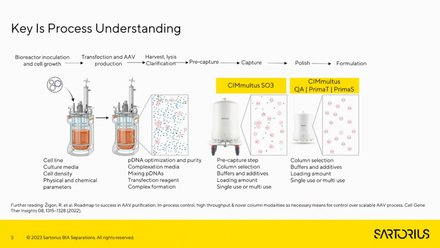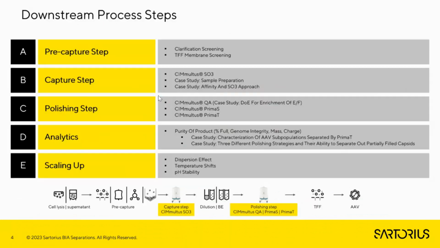We will see the pre-capture, the capture step done on our SO3 column, the polishing step where we use 3 columns in our toolbox, and also the final formulation. On this slide there is also further reading of a paper we published that you can see later on, but I think it's best to begin with the topics that we'll cover today.